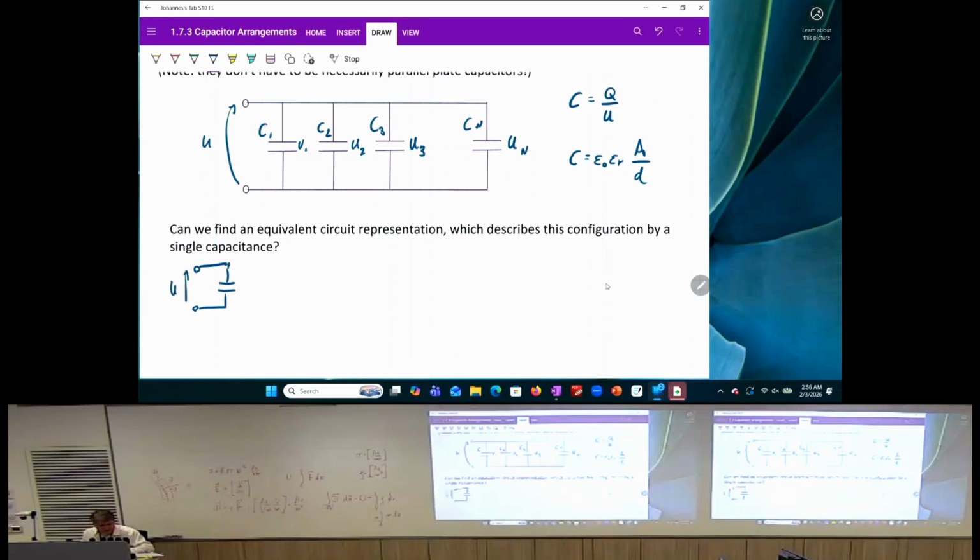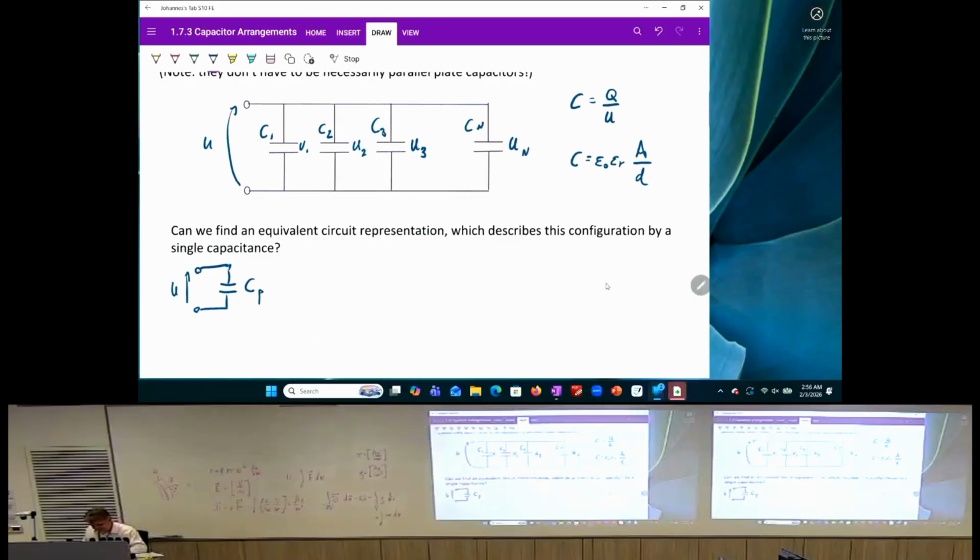It should only contain a single capacitance, and that I denote with Cp, because for the scenario where we have these capacitors in parallel, I call it Cp. This single capacitor should have the property of all these n capacitors in parallel. So the Cp is now the capacitance of the whole circuit.